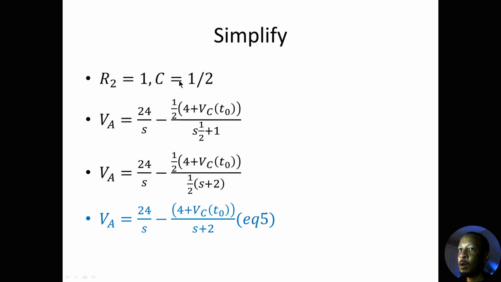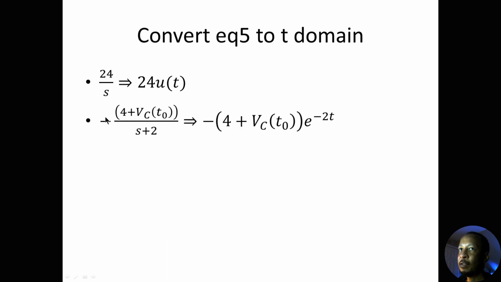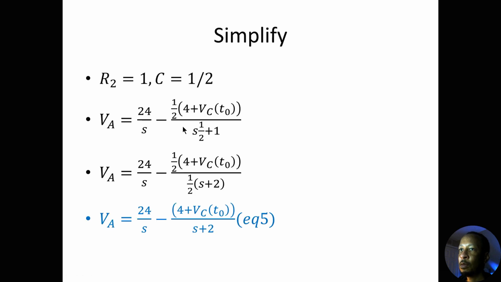So now I'm going to convert equation 5 to the time domain, and what I have is 24 over S, just that part there. The 24 over S converts to 24 U of t. Then next, the other term is negative 4 plus Vc of t sub 0, all of that divided by S plus 2, which is here in equation 5.